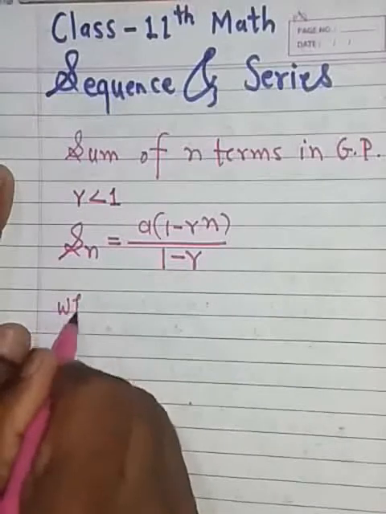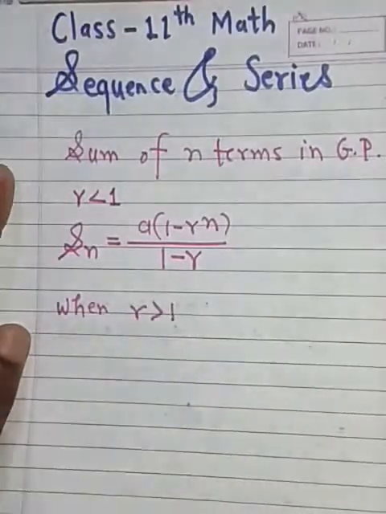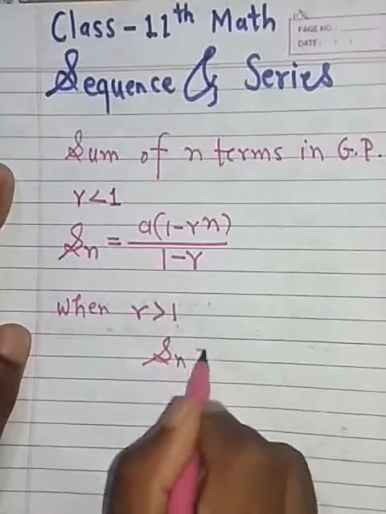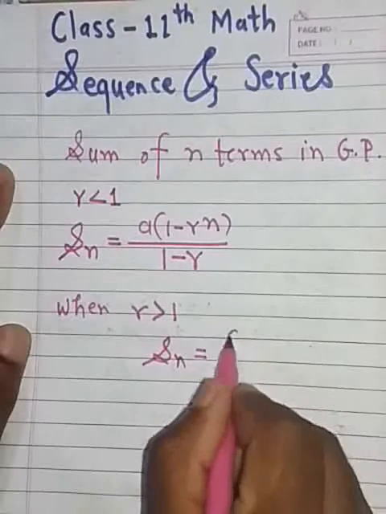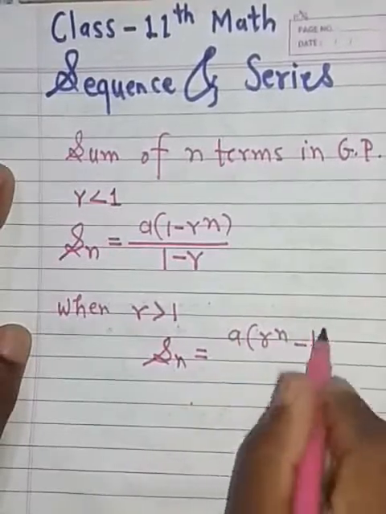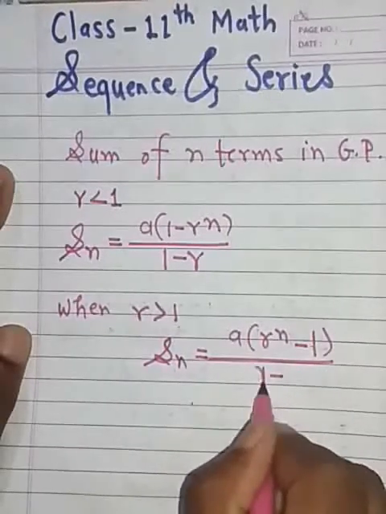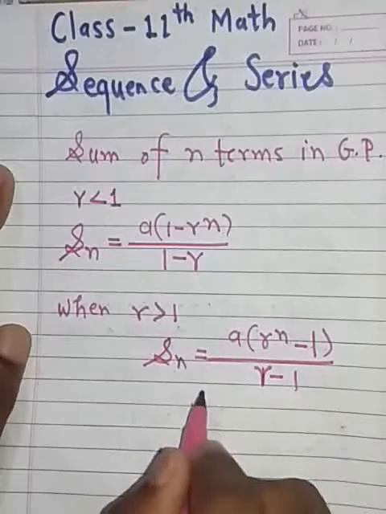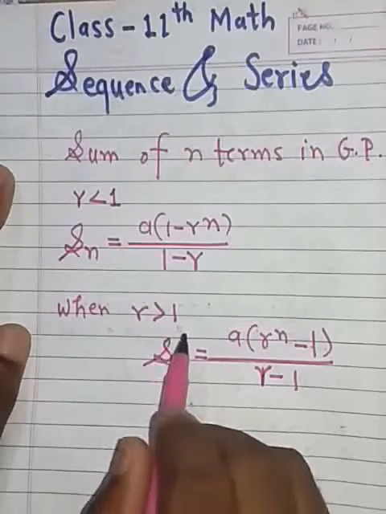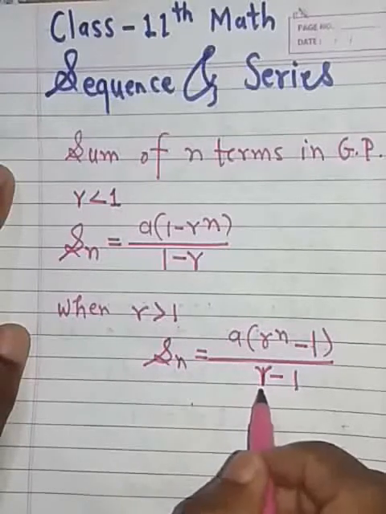When r is greater than 1, Sn is equal to a into (r to the power n minus 1) upon r minus 1. This will be the formula of sum of n terms in GP.